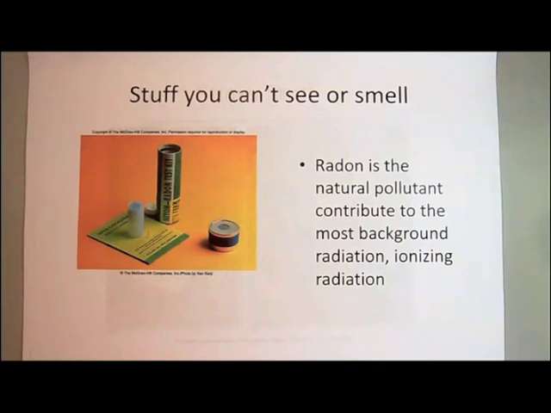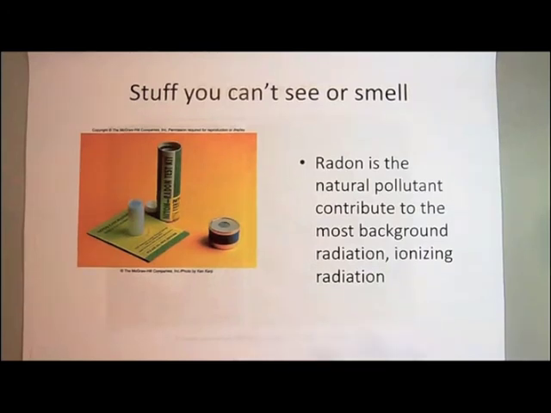You can order one off the internet. Okay, so with all indoor pollution, the problem is the concentrations of the indoor pollutants can build up due to the lack of good air circulation, which is a result of just trying to make our homes more efficient, to keep the hot air out or the cold air out, depending on the season.